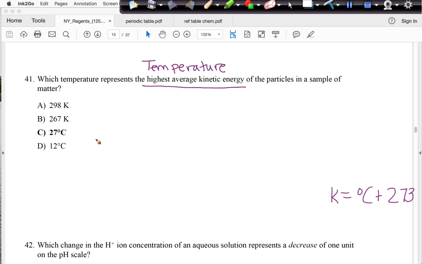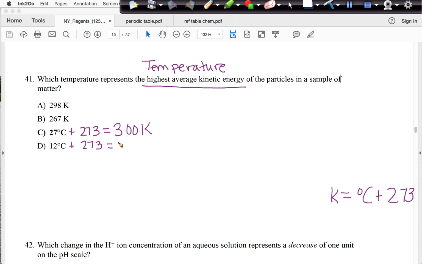When we switch back to the question, if we add 273 to our 2 Celsius temperatures, we can find out what Kelvin temperature each of them represents. When you add 27 plus 273, this one is equal to 300 kelvins.